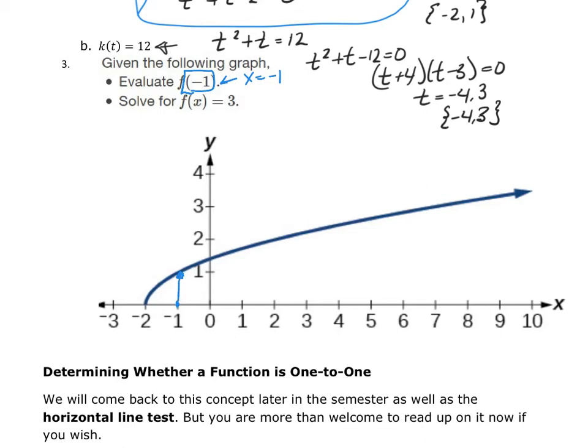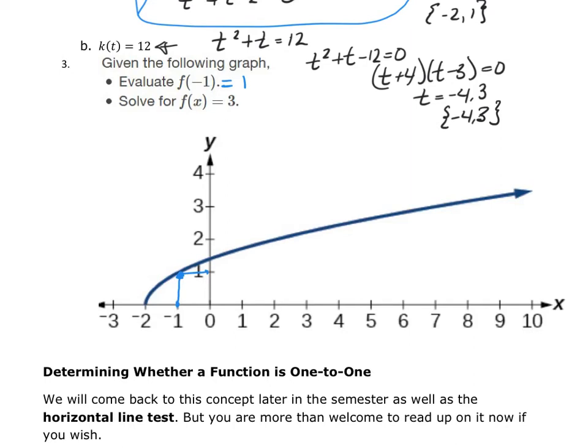In this case, I go up because it is above my negative 1. And then once I hit my graph, I'm going to go across to the y-axis to determine the value that is associated to that negative 1 when I put it in, and the answer is positive 1. So if they're asking me to evaluate f of negative 1, this is the same thing as 1. My output was 1.